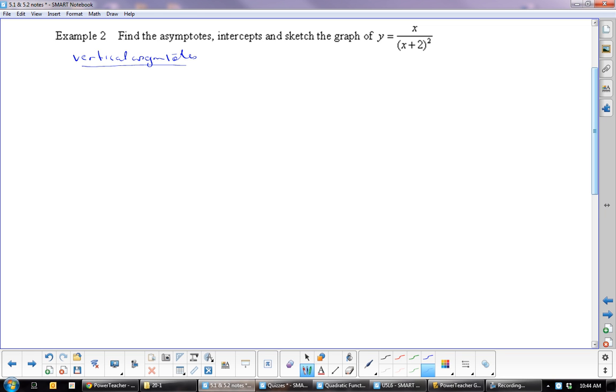Okay, so what's the asymptote? So x equals -2 is our asymptote. So we want to do the limit as x approaches -2 from the left of f of x. Okay, so what is -2 from the left? -2.0001.